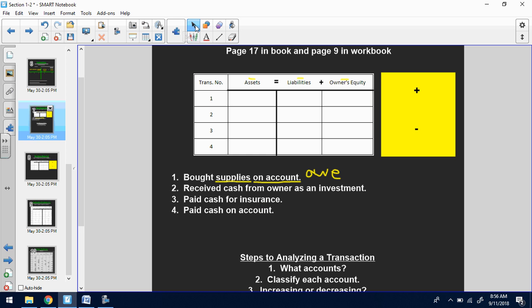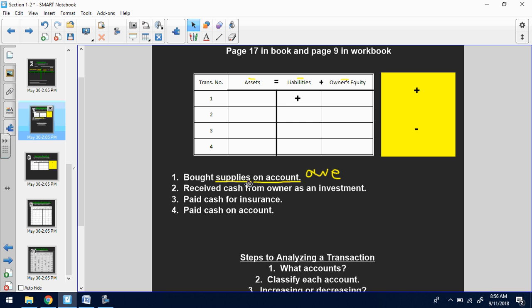So we're going to take a look at this first. We just said that this is liability, so we know we've got to put something in this box. Right now we owe $0 until we bought these supplies. That means now we actually owe some money, so it's going to go up on liabilities.